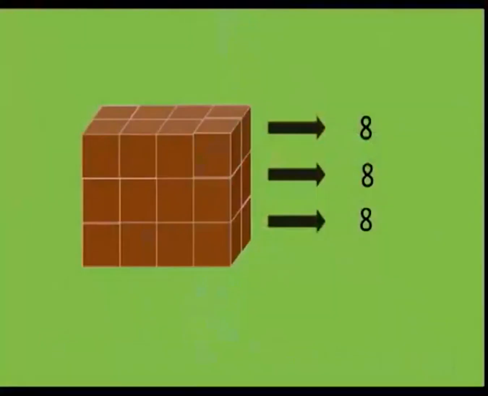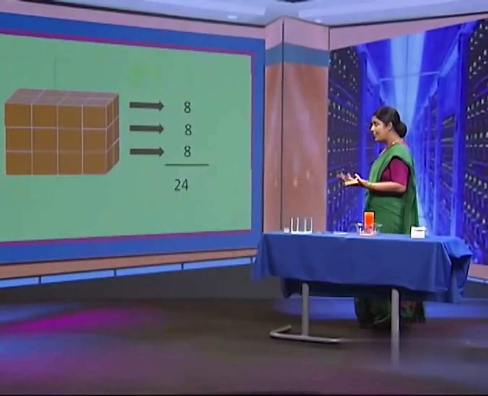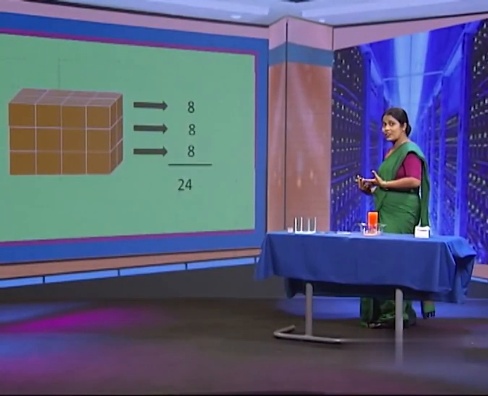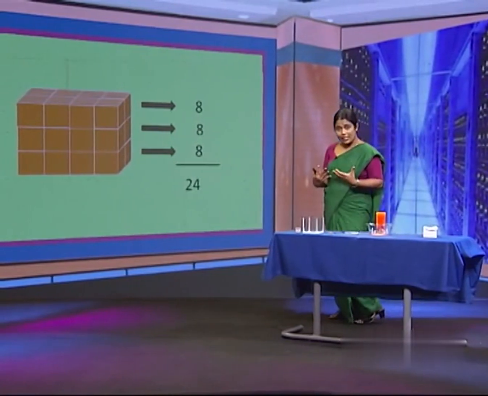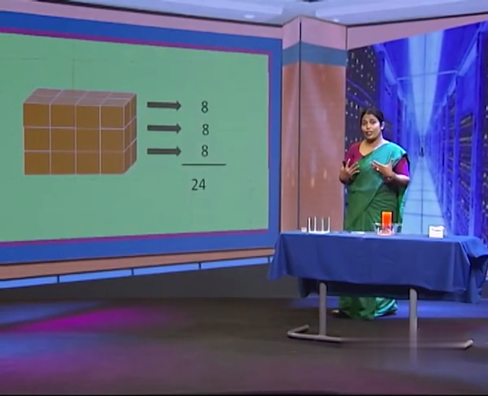Yes, there are 24 cubic units. It means the amount of space occupied by this cuboid is 24 cubic units. Or in another way, we can express this as: the volume of this cuboid is 24 cubic units.